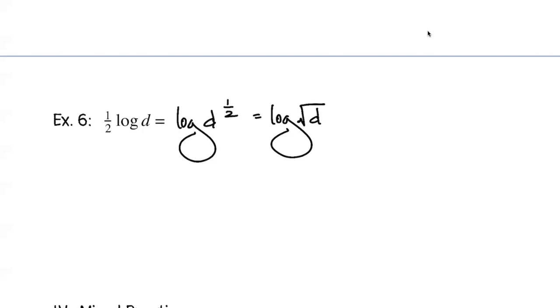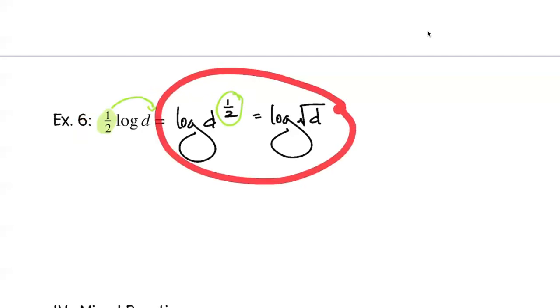Nice. Very nice. Okay. So the rule says that we can bring that coefficient back up to be the power. And that's how we end up with this 1/2 here. We also want to know that being able to convert between these two forms is going to be super important for us in the future.